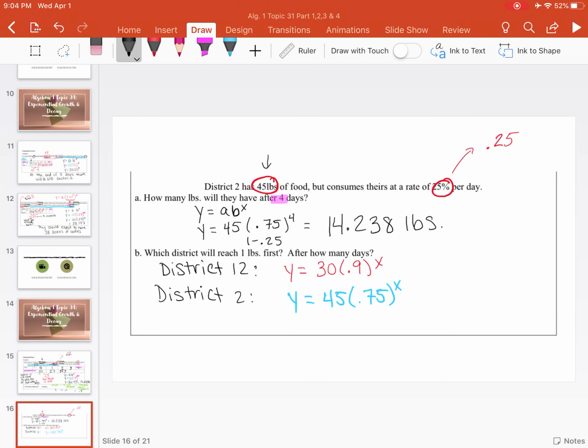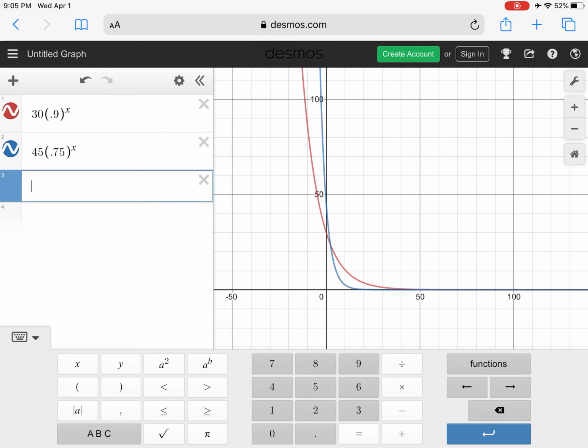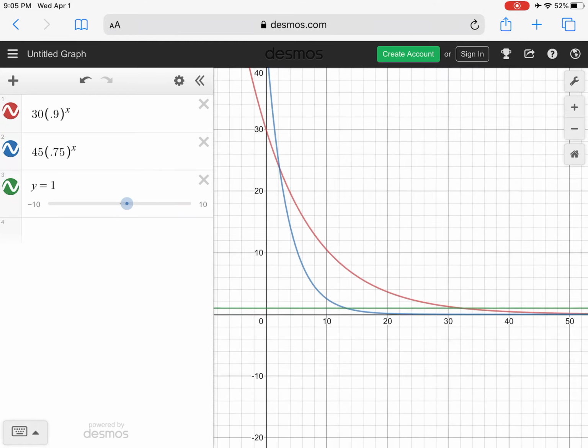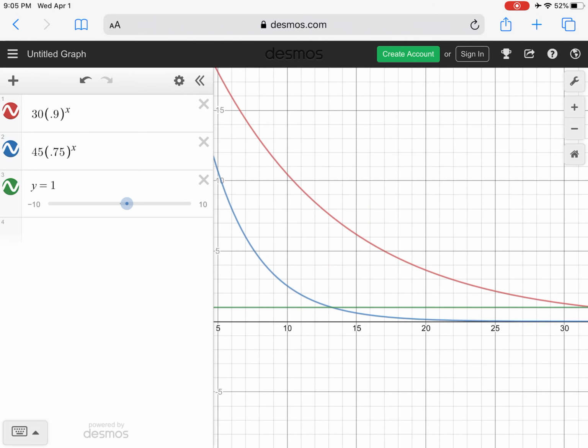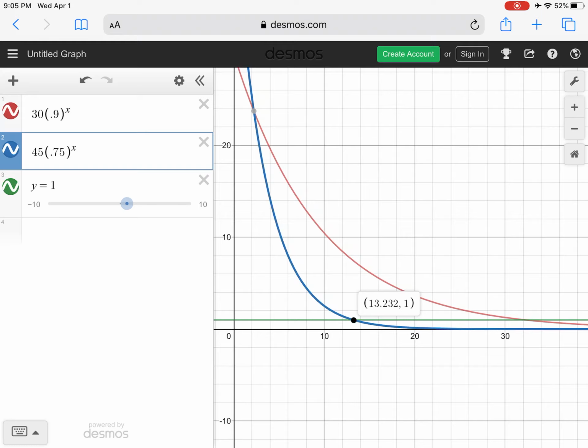So we want to identify which district will reach y equals 1 first. So we're going to compare that. So we can plug that in here as y equals 1, and we get this line. Now this is our intersection points here.